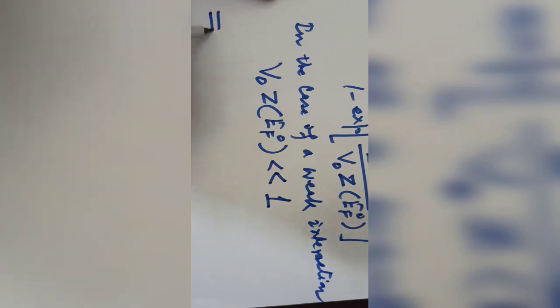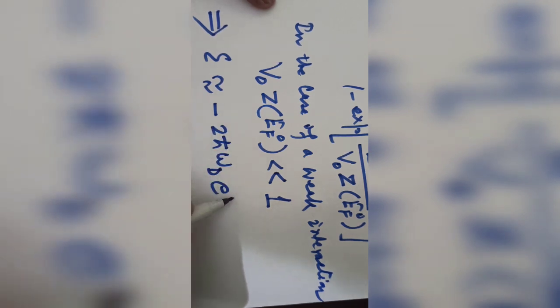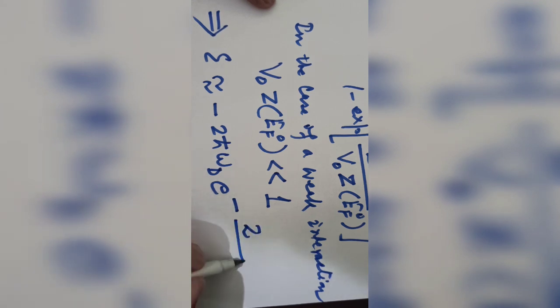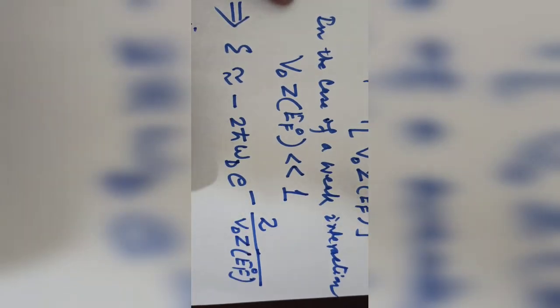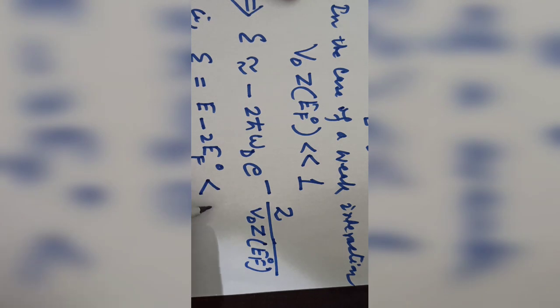this V naught Z EF naught is much smaller as compared to 1, and this would imply the small e to be nearly equal to minus 2h cross omega d e raised to the power minus 2 divided by V naught Z EF naught, that is, small e is equal to E minus 2EF naught is negative.